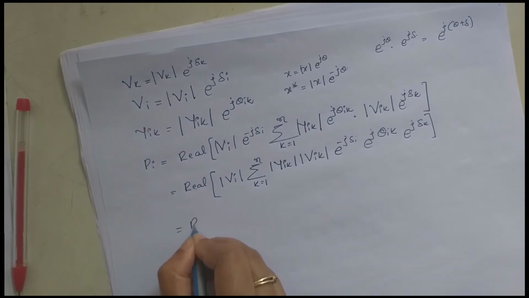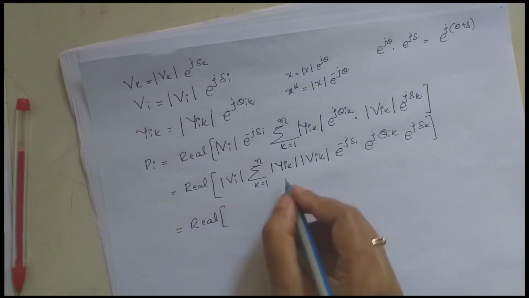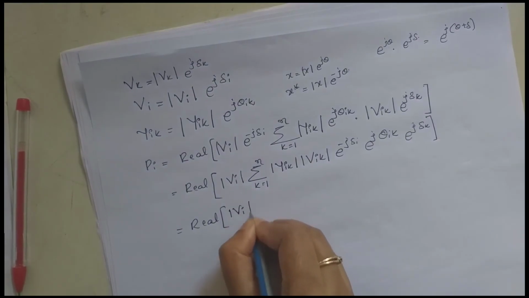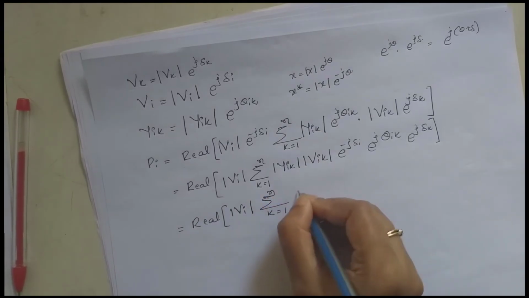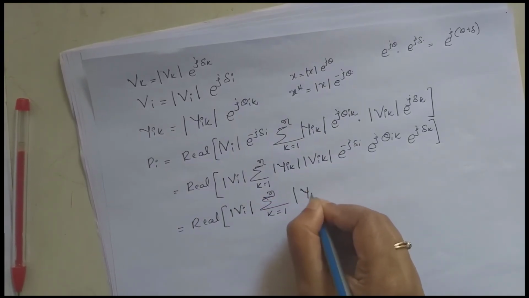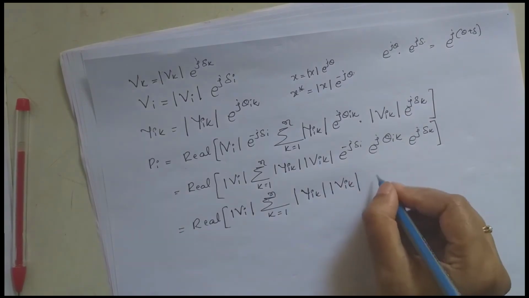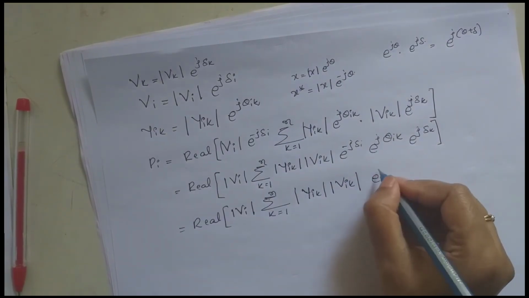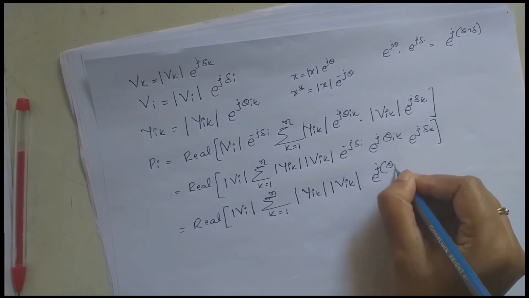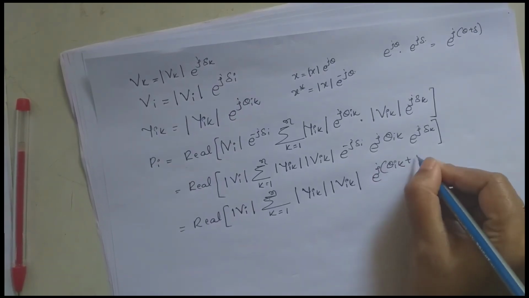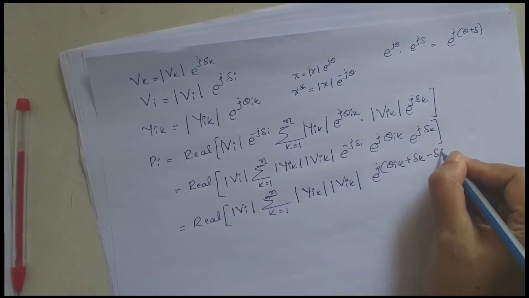This becomes real of Vi summation, k from 1 to n, magnitude of Yik, magnitude of Vk, e power j into theta ik plus delta k minus delta i.